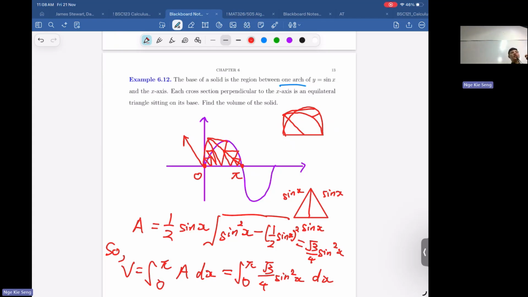The pi is from the area of the disk, pi r squared. But here the area is not this anymore, it's a triangle. Just now it was the area of a disk because you revolved, so you traced out a circle. But here the cross section is a triangle. Does it make sense? The point here is we change the cross-sectional area.